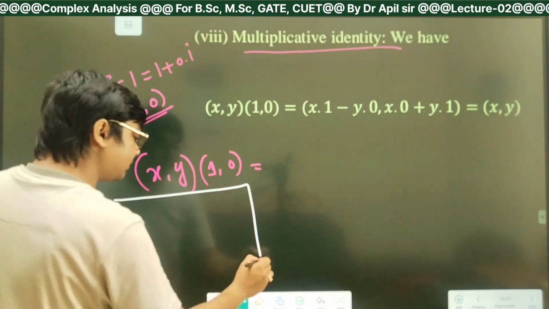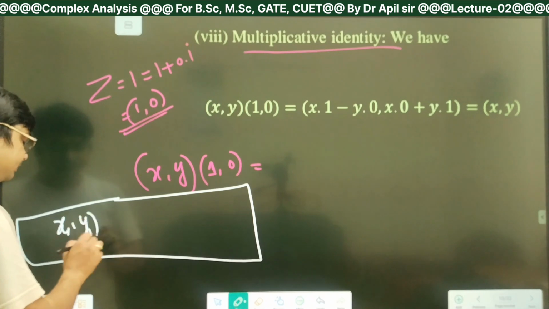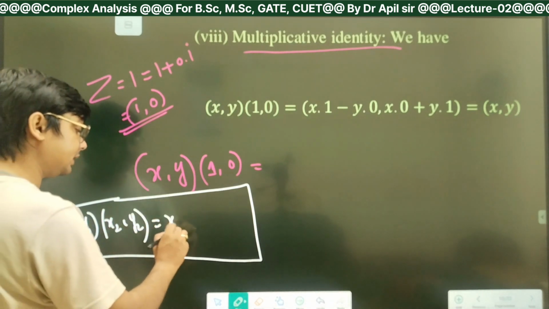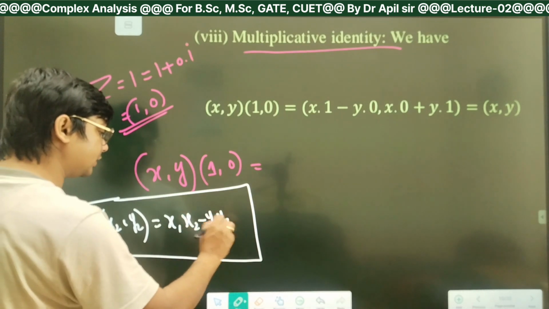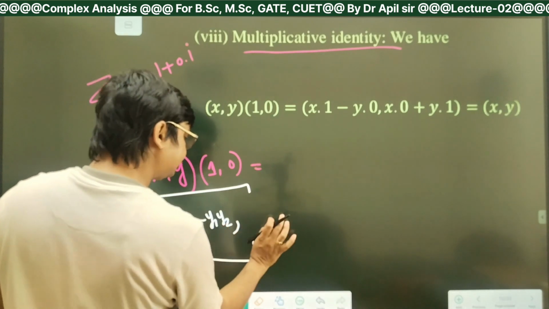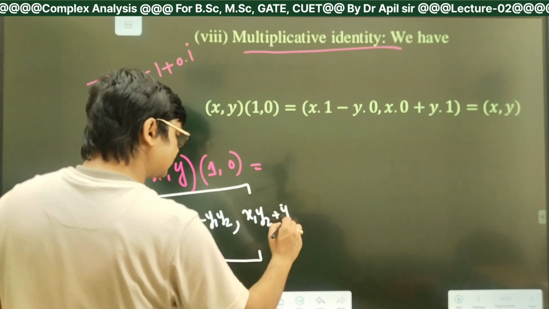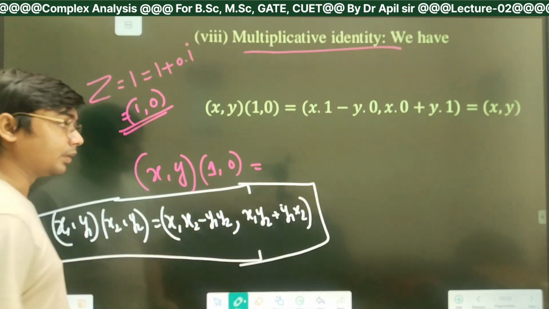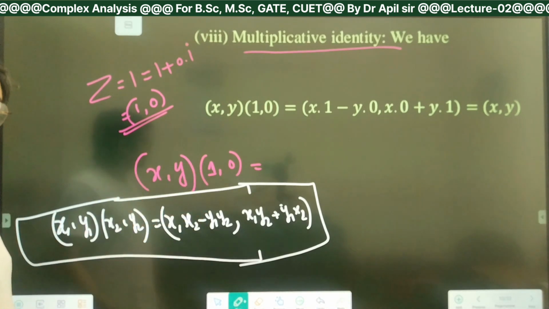You must remember that one: x1, y1 times x2, y2 is x1 x2 minus y1 y2, this is the first component, and here x1 y2 plus y1 x2. Bas, this is the product, right? So just use this formula, you can easily find the product.